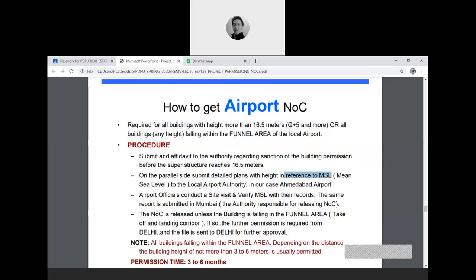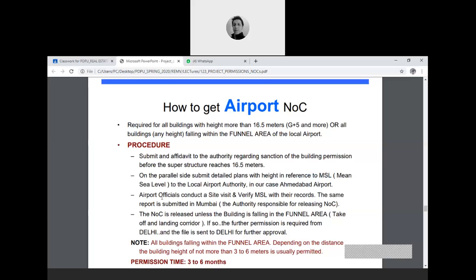But in the case of the airport, the height is measured from the mean sea level, and that's very important because it's different in both cases. Many times these roads are paved and their height is increased, and so sometimes the difference in the height could be close to 1 to 2 meters. So that is crucial.